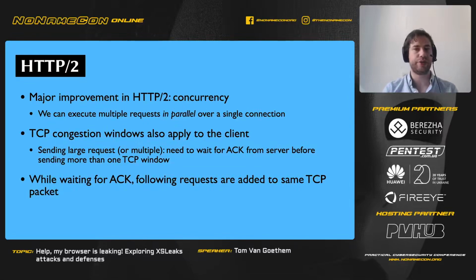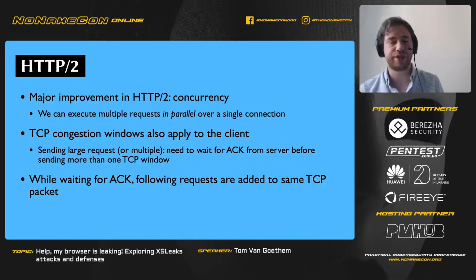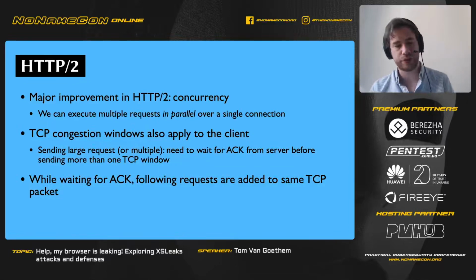And then we also have to ensure that both requests are in the same TCP packet. And for this, we can again use the trick of using TCP congestion windows, because this algorithm also applies to the client. So what we can do is first send a very large request to the server, a request that's larger than a single TCP window.